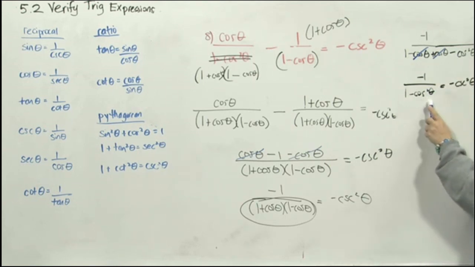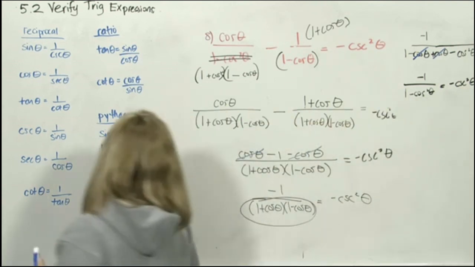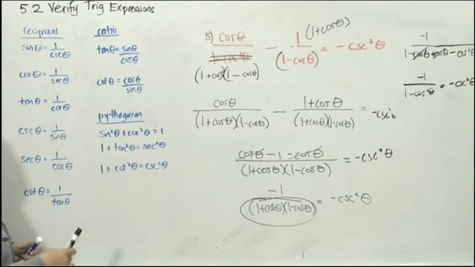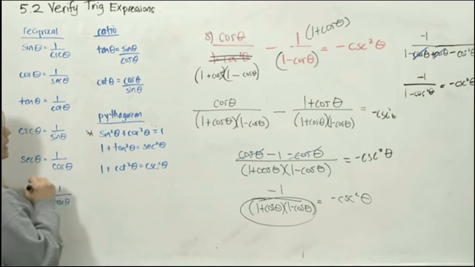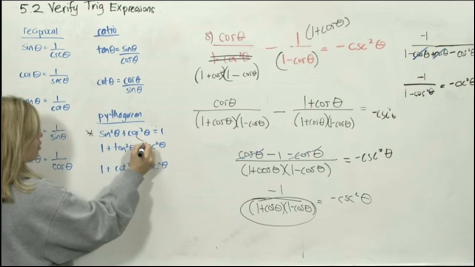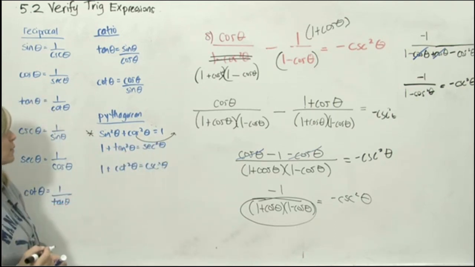Well, I got a 1 and a square. I'm thinking that's a Pythagorean identity. Let's go over here. Remember we talked about this. All these Pythagorean identities can be manipulated. How do I take this Pythagorean identity and get it to look like 1 minus cosine squared? I would take the cosine squared and move it to the right, and that I would move by subtraction.